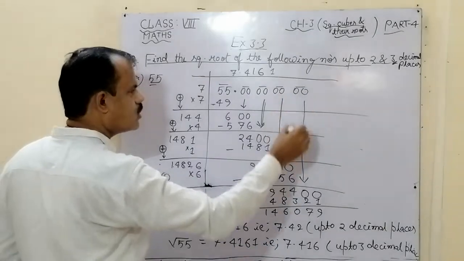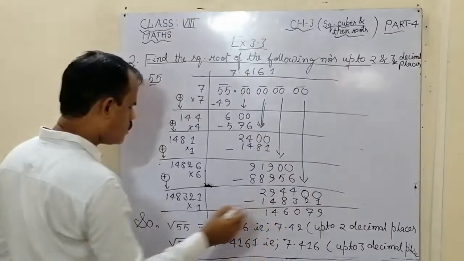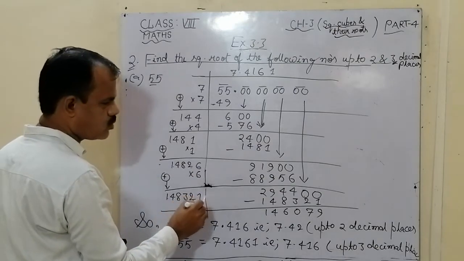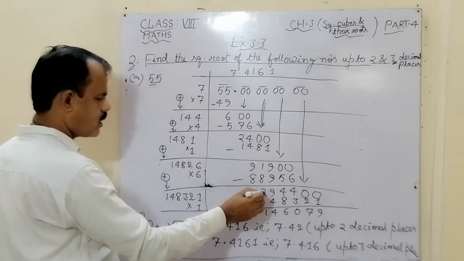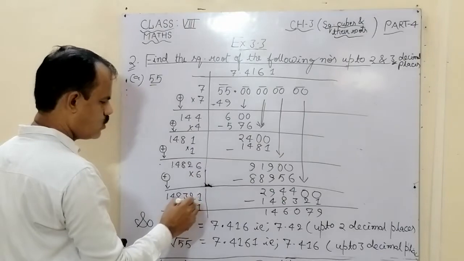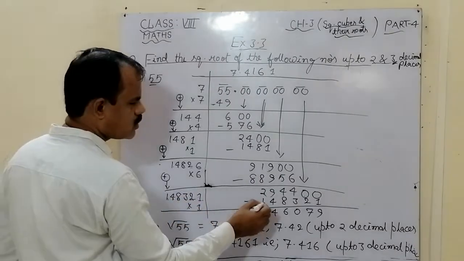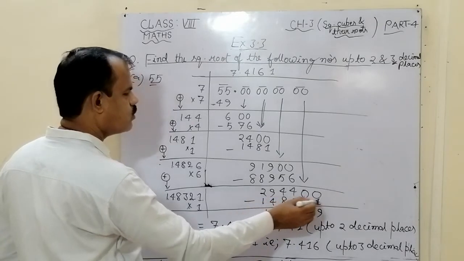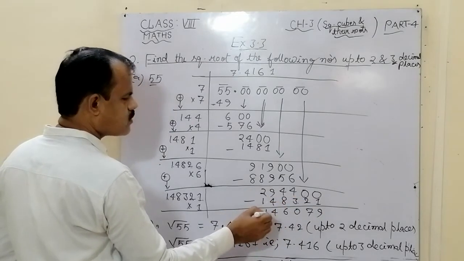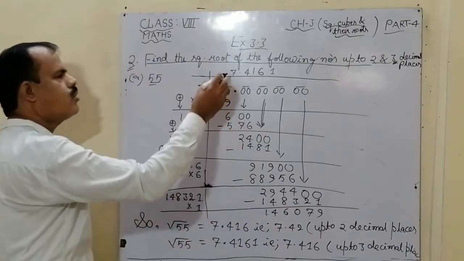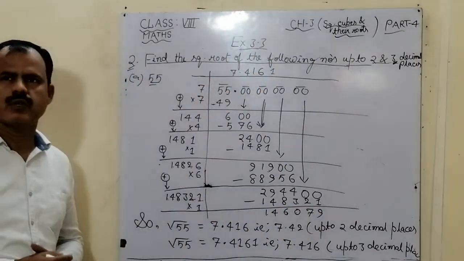Now we bring down the last pair, 0, 0, and we have to take 1, because if we take 2, then it is greater than that number. So 148321 multiplied by 1 becomes 148321. And when we subtract, it becomes 146079.